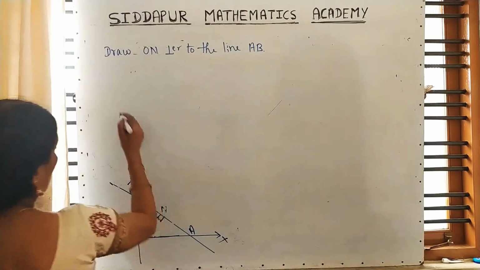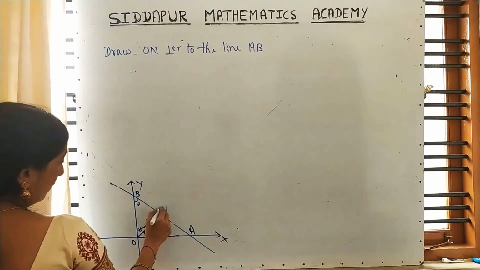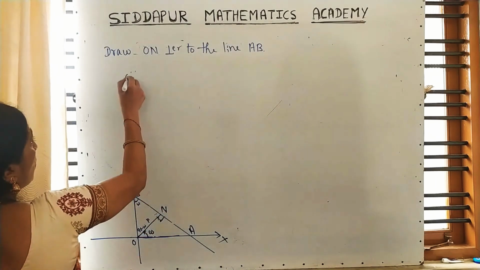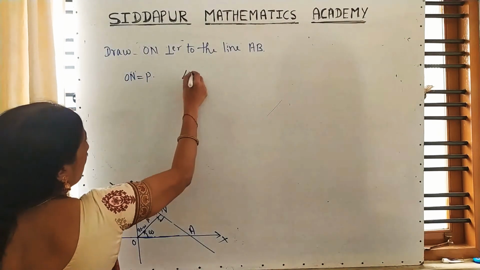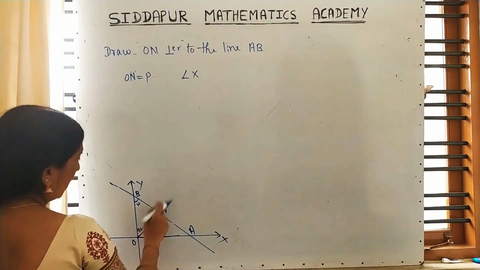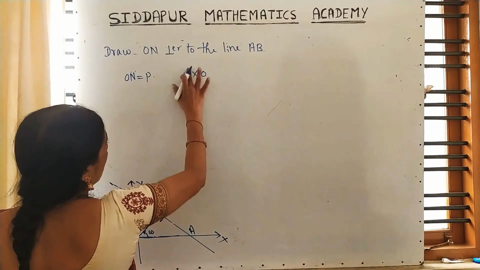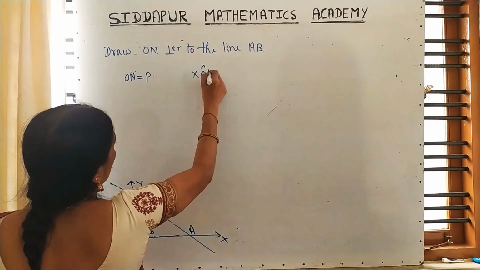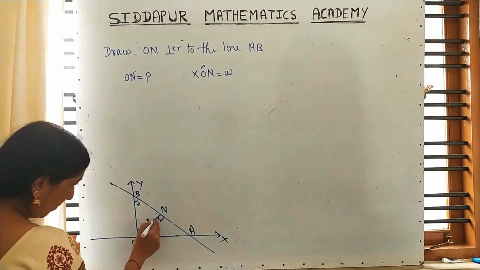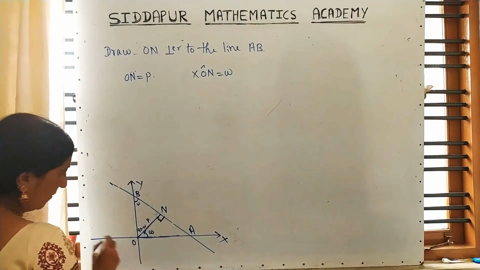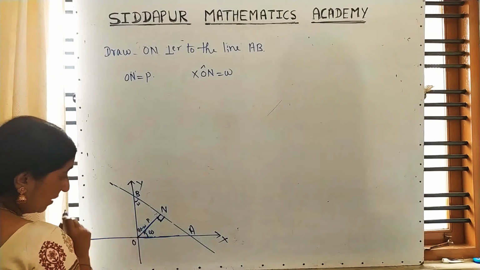Then what is ON? This is n. ON is equal to p. Angle XON, you can mark like this also. XON is equal to omega. This is omega, and this is perpendicular, means this is 90 degrees, and this is 90 minus omega.